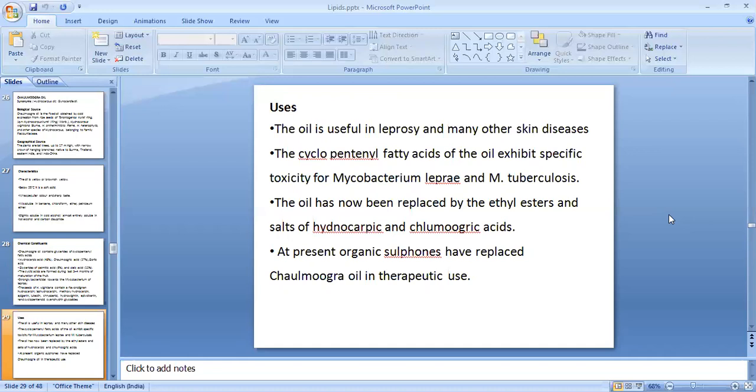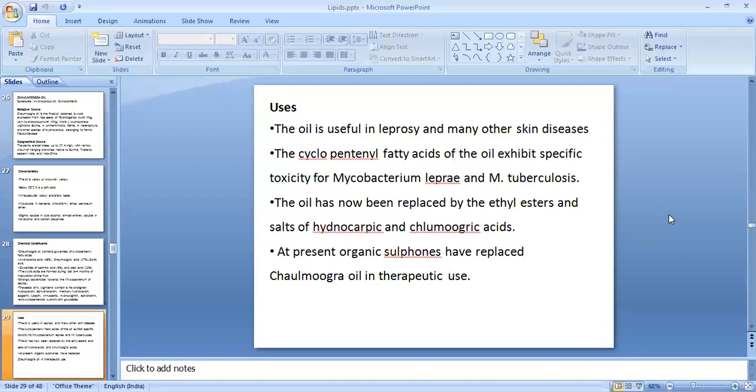Chaulmoogra oil is not intended for internal use as it is highly toxic, so it is especially used in external formulations. So that is about the pharmacognosy of Chaulmoogra oil.